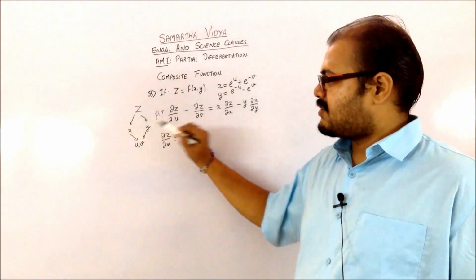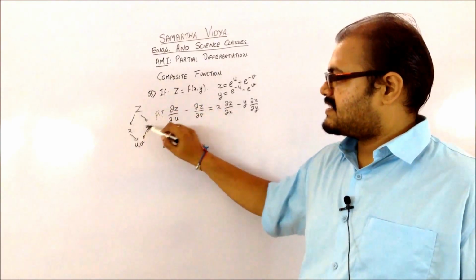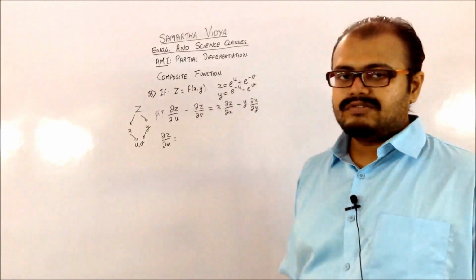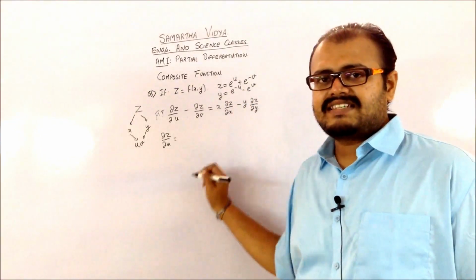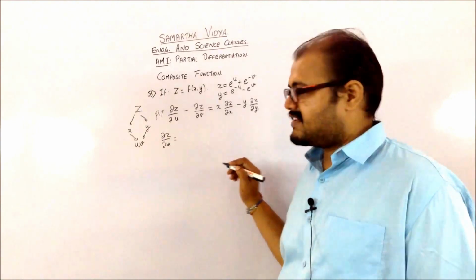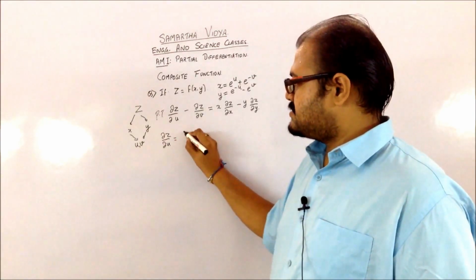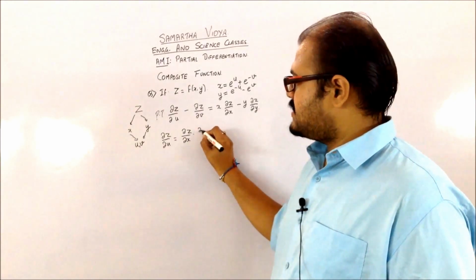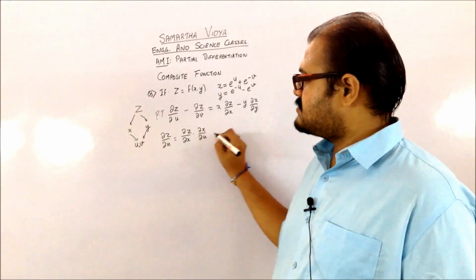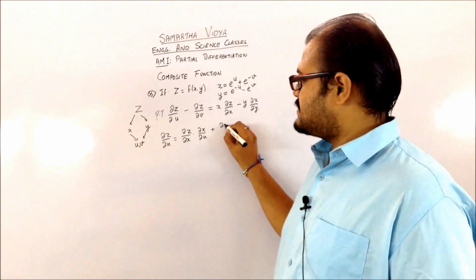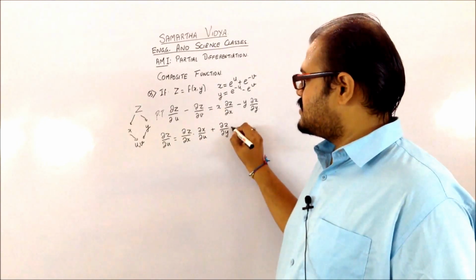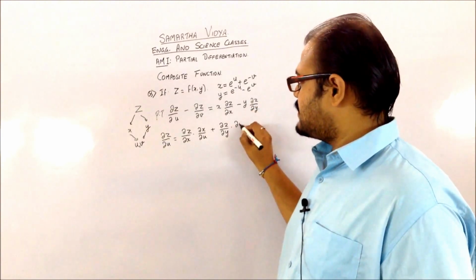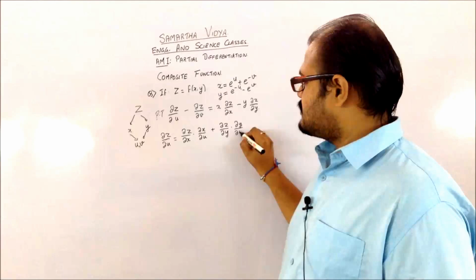If you construct the rhombus, you can see my z is a function of x and y, and x and y are in turn functions of u and v. So just as we discussed the formula for composite function, your del z by del u is equal to del z by del x into del x by del u plus your del z by del y into your del y by del u.